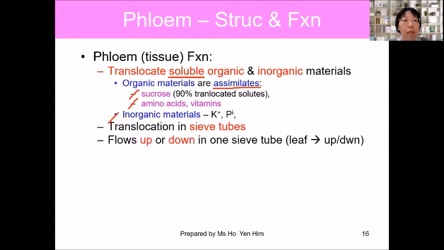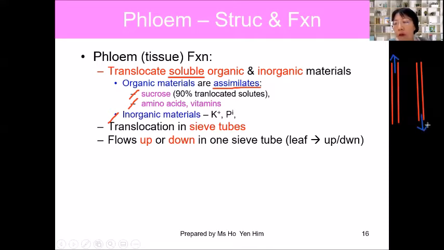In the sieve tube, the material can be transported either up or down. In the phloem, there are many sieve tubes. Let's say this is one sieve tube here, and this is another sieve tube here. The sieve tube may transport material either up the plant or down the plant.